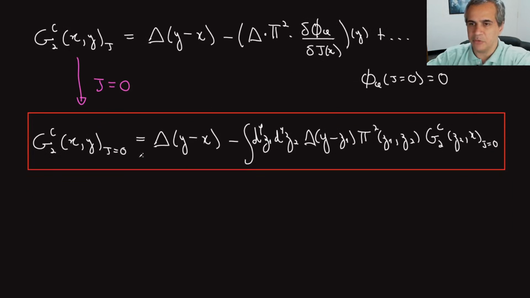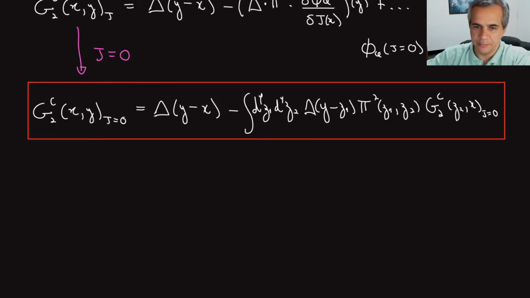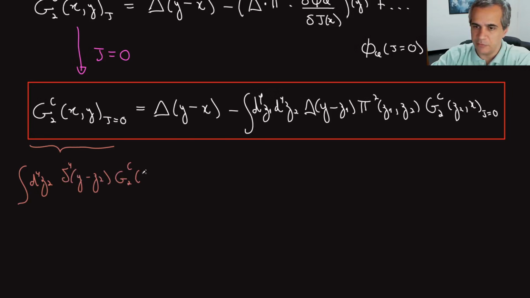Now let me use a trick to rewrite this term as an integral. Let me write this as d4z2, Dirac delta y minus z2, G2c of x z2, again in the absence of sources, but I'll suppress that notation now that we're working in the absence of sources.